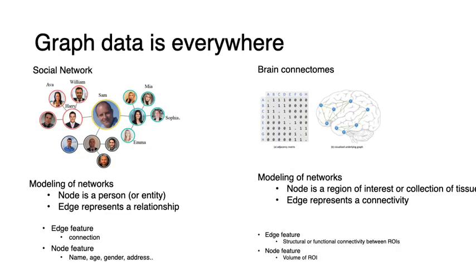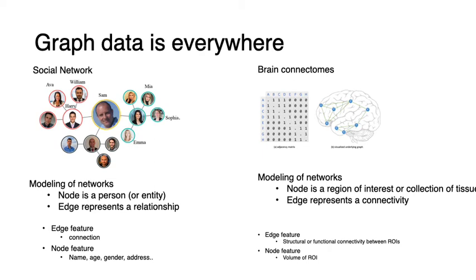Let's see some more examples of graphs. A simple example is a social network, which is available all around us. Here we model this network as a graph by taking the vertices or nodes as persons and the edges as the relationships or connections between two persons.